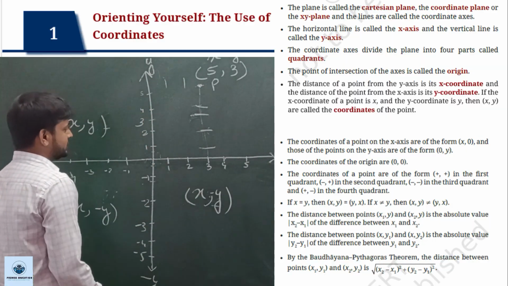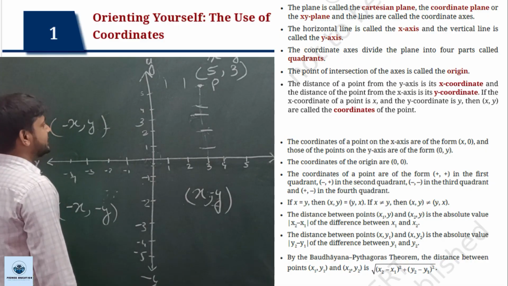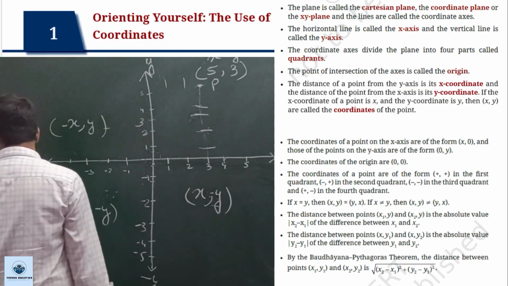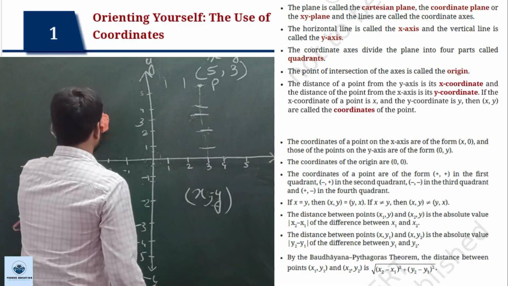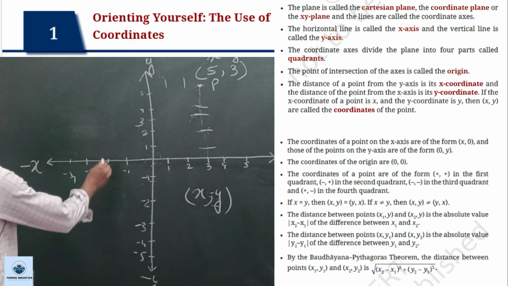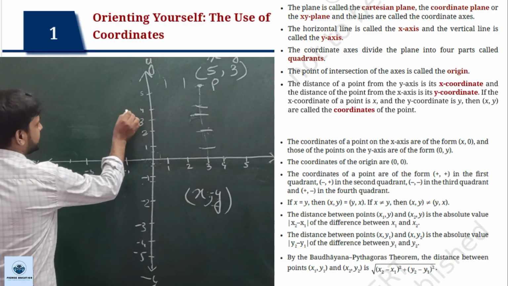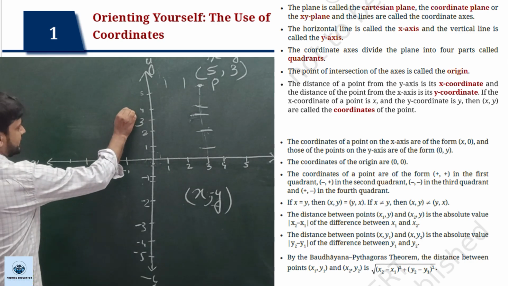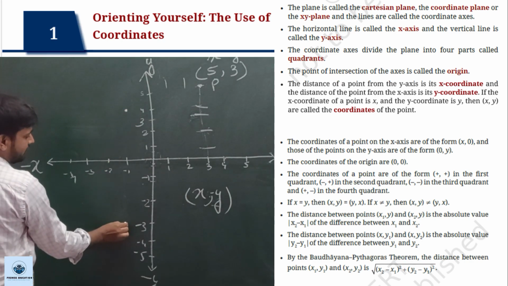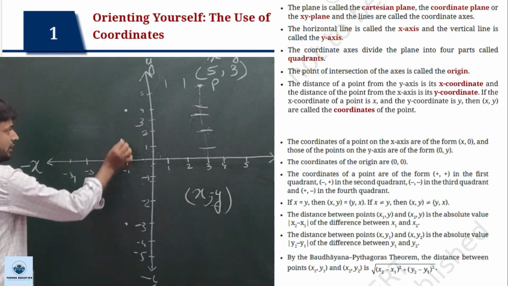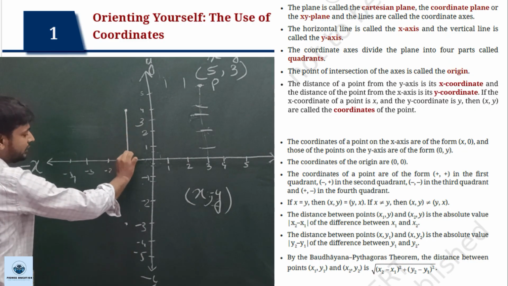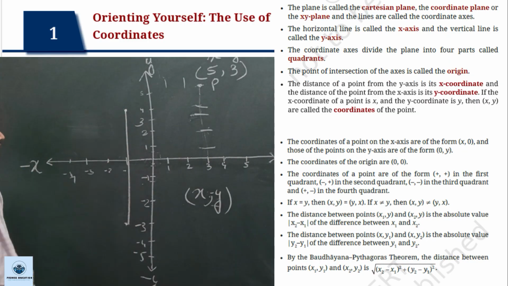Suppose I have to find the distance between this point and this point. How will I find the distance between these 2 points? How far is this point from this point? I will use the distance formula.